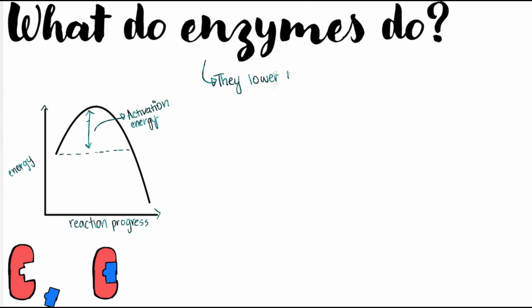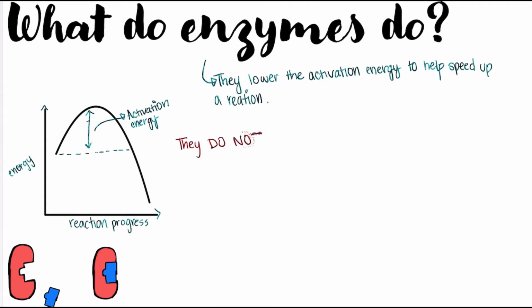What enzymes will do is lower that activation energy. So that kickstart our reactants usually need is not going to be as big. The enzymes have essentially lowered that activation energy for us, which will speed up the reaction.